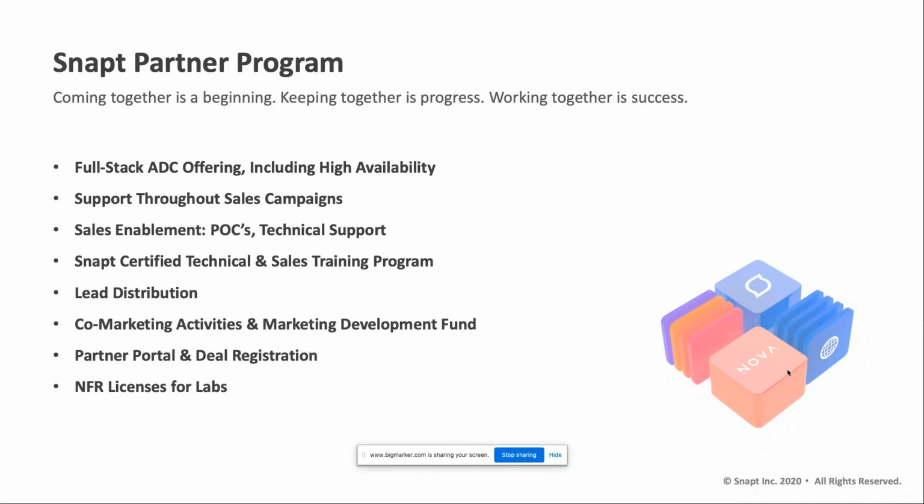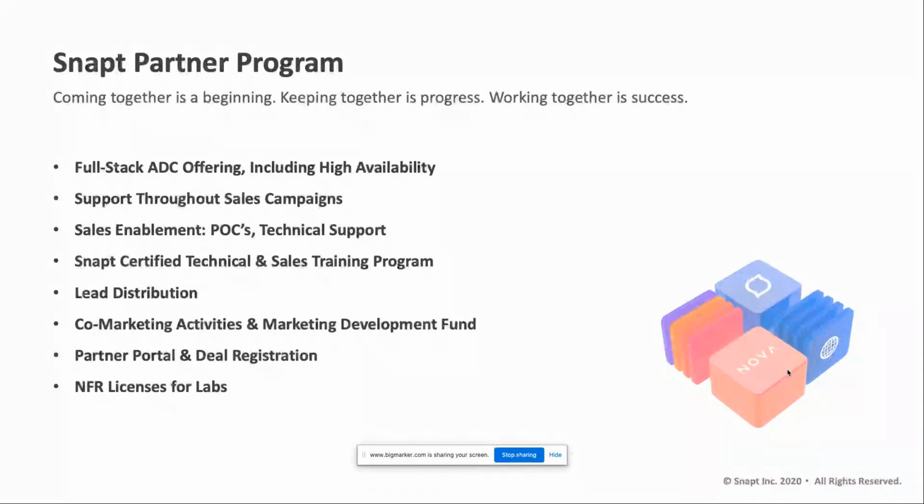And of course, from an enablement standpoint, we can run POCs. We can provide that 24/7 technical support to the teams in case they need some further training and assistance with getting onboarded. Lead distribution and co-marketing activities to be able to target clients together and really provide a coherent and cohesive message to our users.